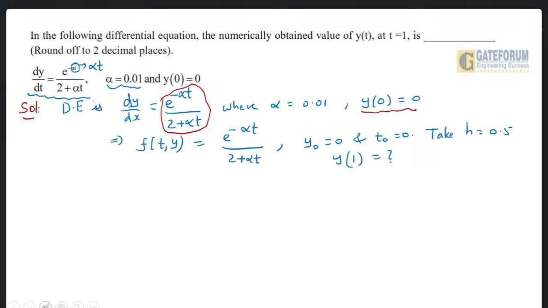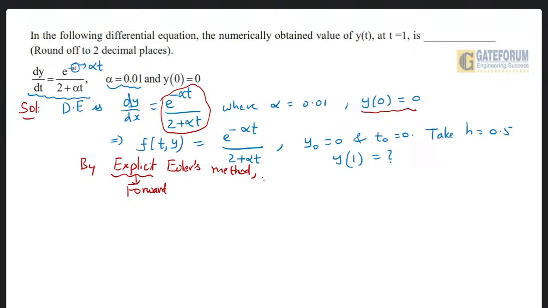Now this is the data given. Which method? The method is not mentioned. I can apply the forward Euler's method, also called the explicit Euler's method. In forward Euler's method, y(i+1) = yi + h times f(ti, yi).